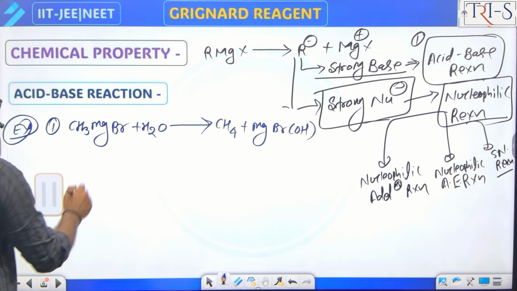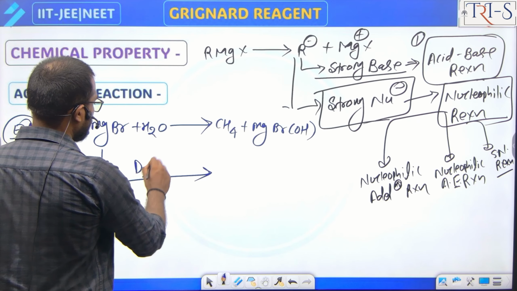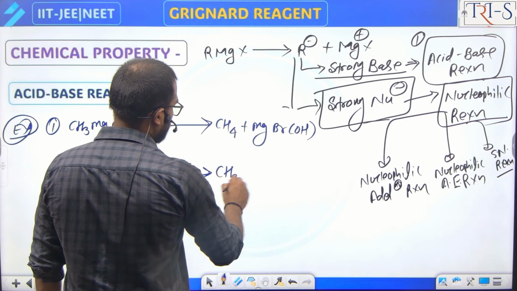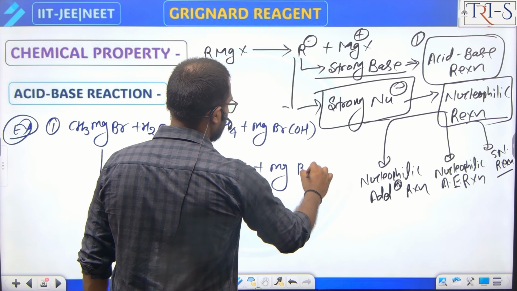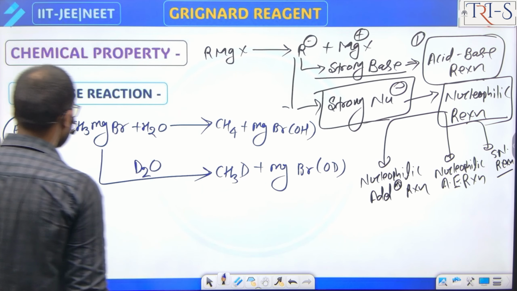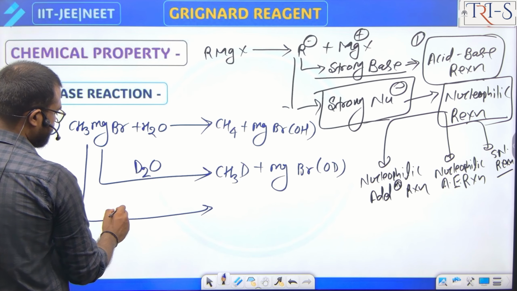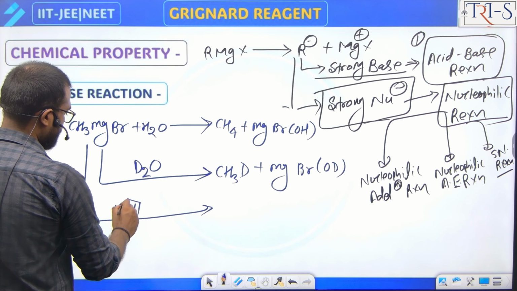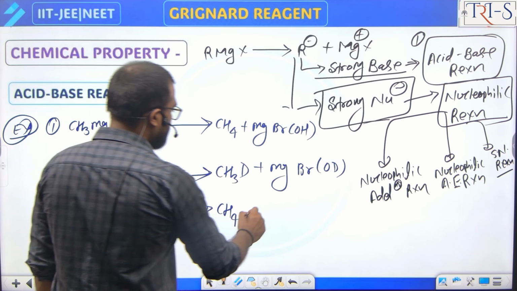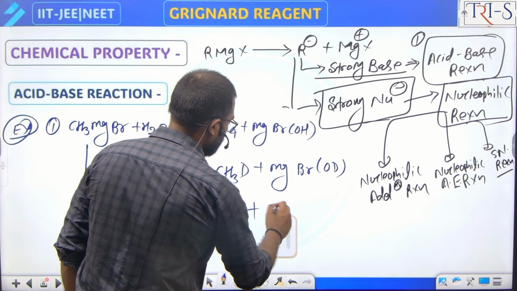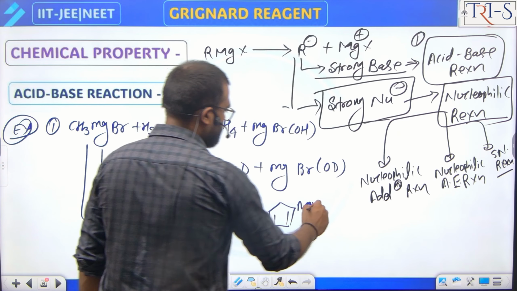The same compound will react with a different type of acid and will give a compound like CH3D and MgBrOD, and it can also react with this compound and will form methane and something as a side product.